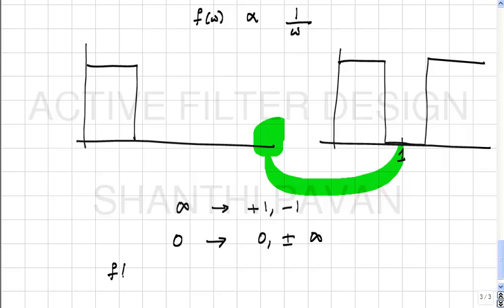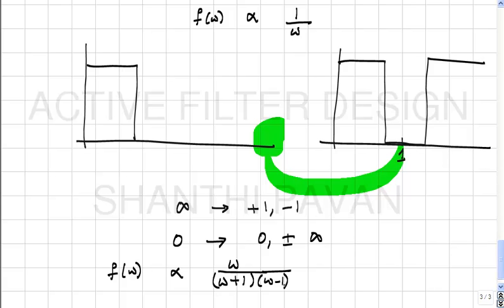So f of omega must go to 0 at 0 and plus minus infinity. So it will be omega plus 1 into omega minus 1.